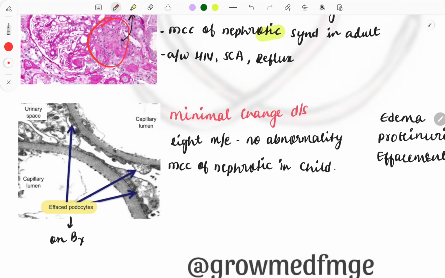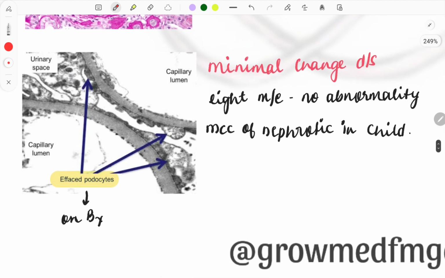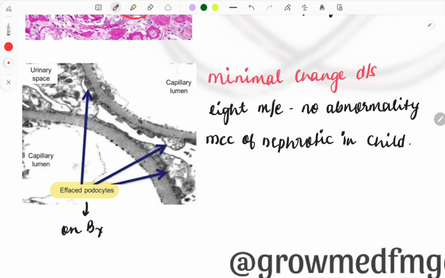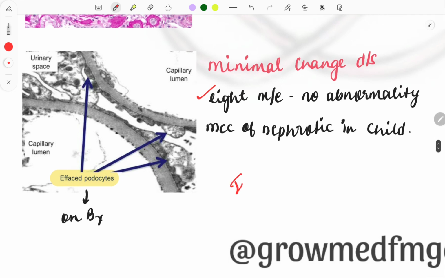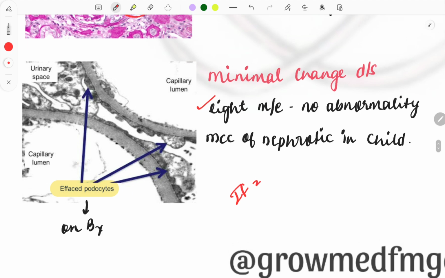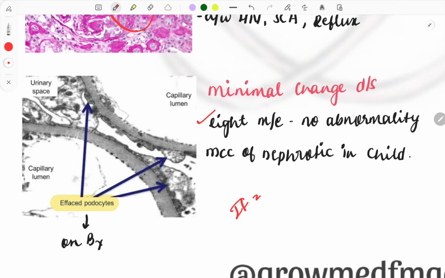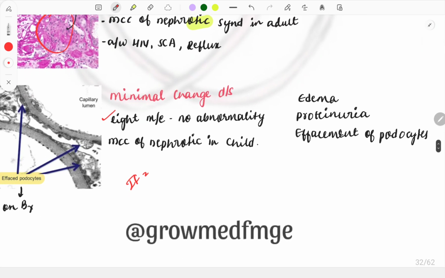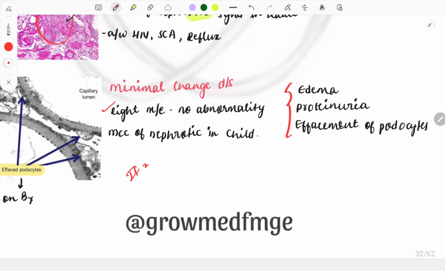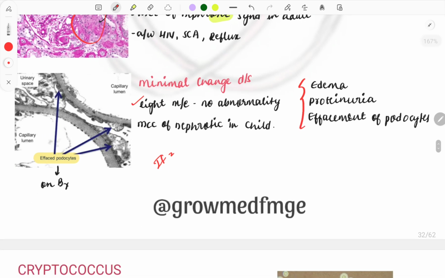So in minimal change disease, on light microscopy there will be no abnormalities seen, meaning the glomerulus will appear normal. But if you do the immunofluorescence, then you can see the changes in it, and these are the changes which you can see. Effaced podocytes. Effacement of the podocytes can be seen, and this is the hallmark feature of minimal change disease, the most common type of nephrotic syndrome in children. And if a clinical case is described, then they can be describing things like edema, proteinuria, and effacement of the podocytes.